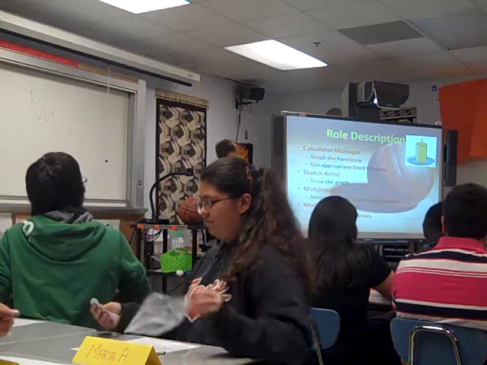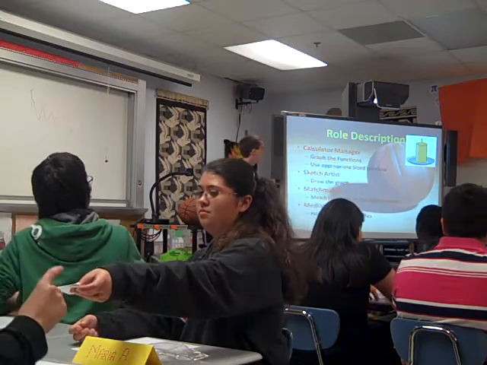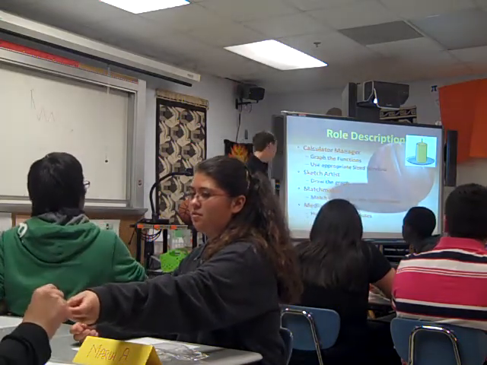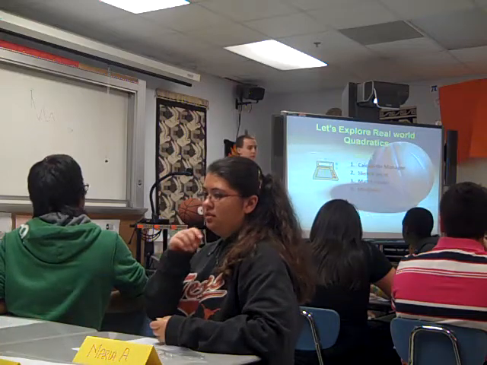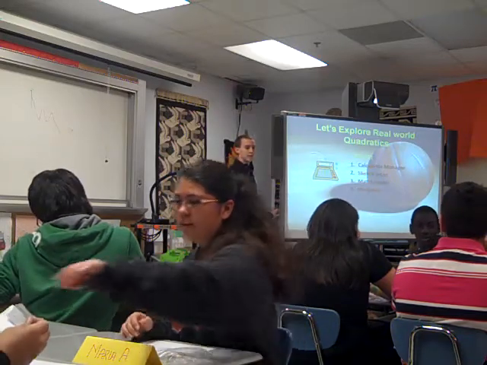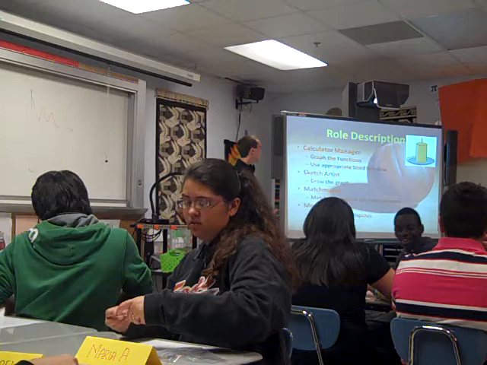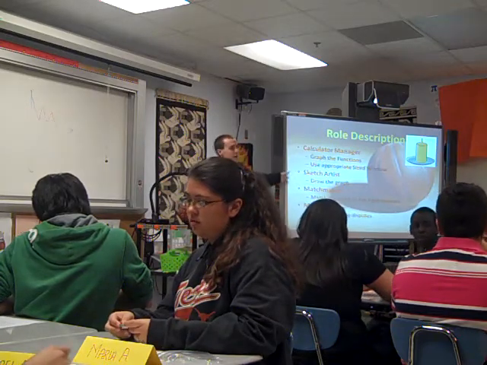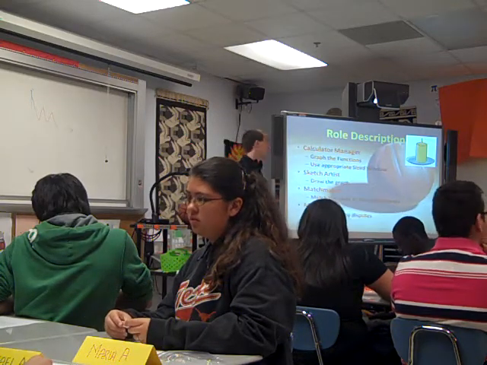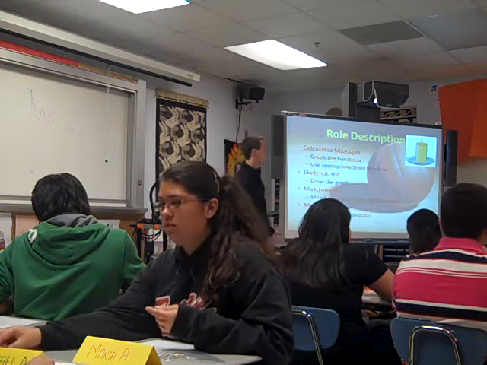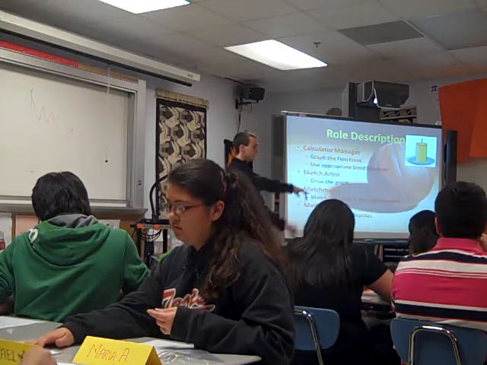So these are what you're in charge of for each job, and the descriptions, even though some of them are kind of self-explanatory. What I want y'all to do is look at the question.